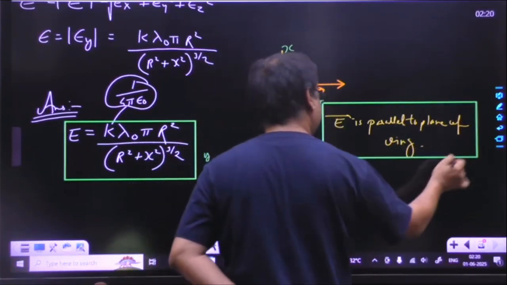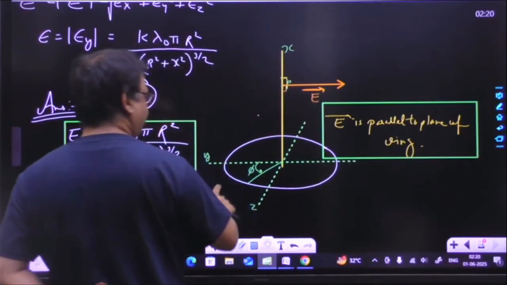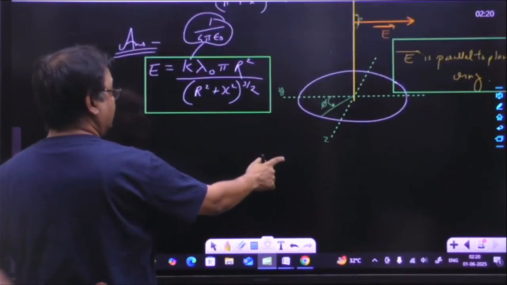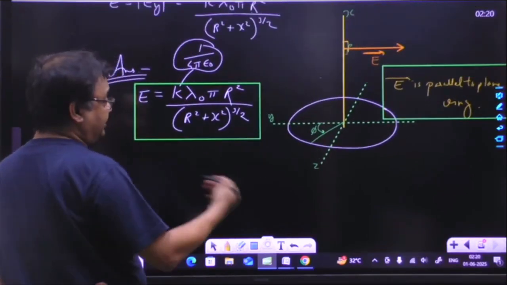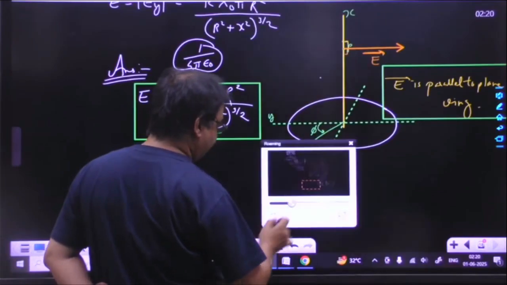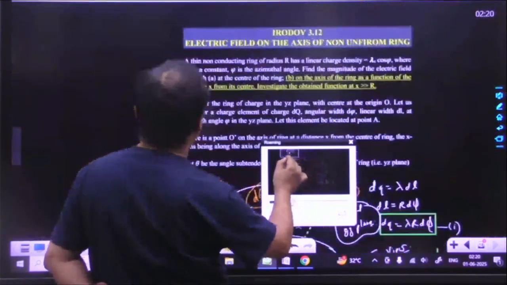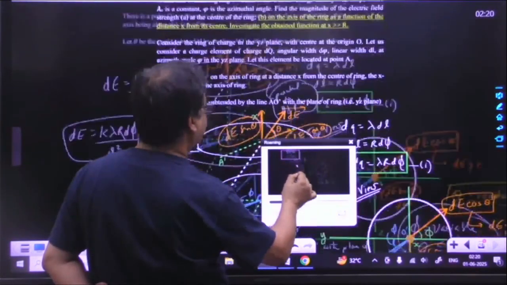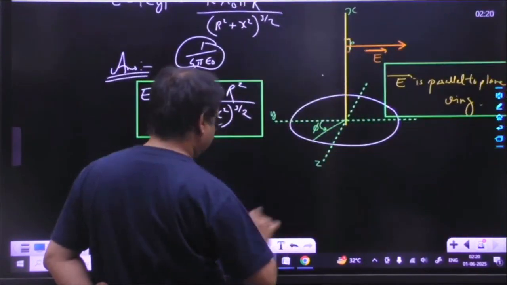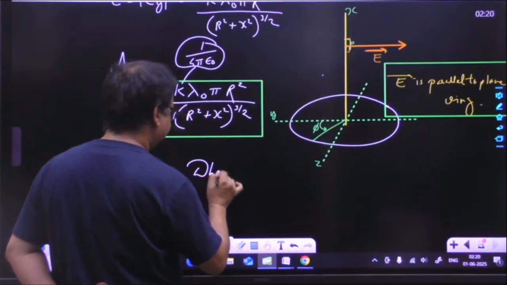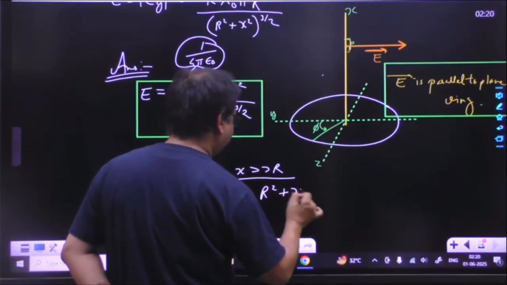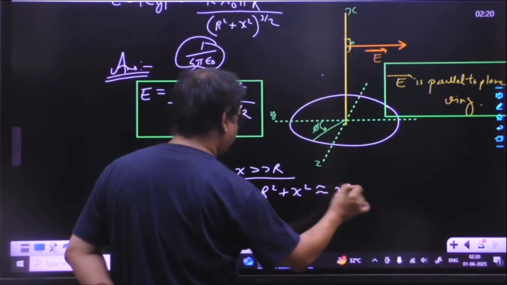Got it? Okay. Then we have to investigate what will be the value of E when x is much greater than r. The problem says to investigate the obtained cases when x is much greater than r. That is simply a mathematical approximation. When x is much greater than r, r square plus x square will approximately be x square.